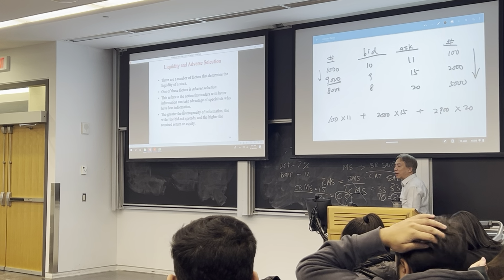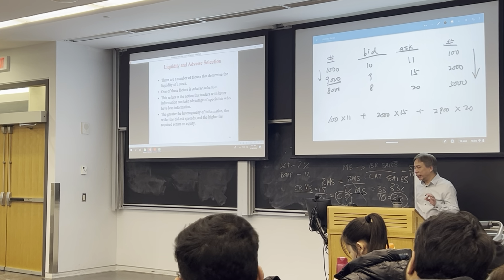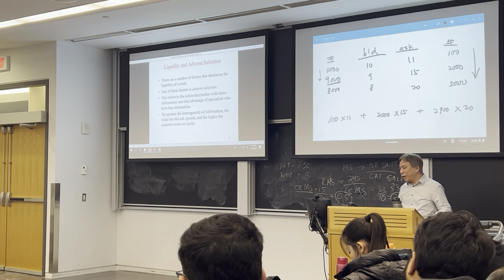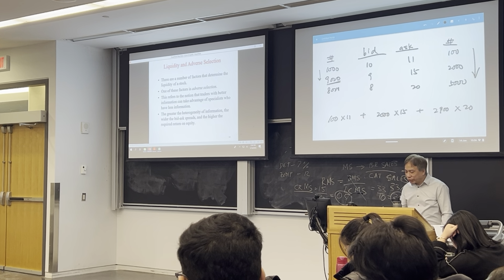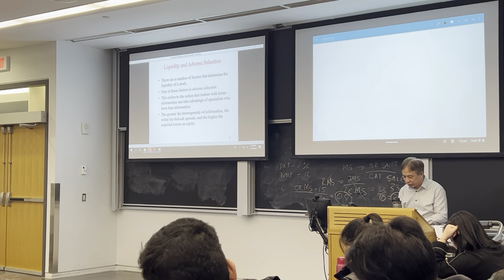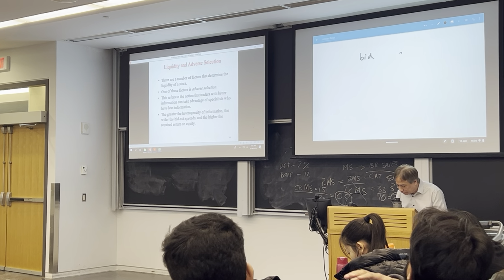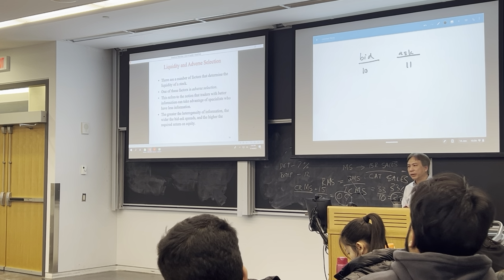Now, there are a few other things that determine the liquidity of a stock. One thing is what they call adverse selection. Adverse selection is based on the argument of information asymmetry. This is a bid-ask spread, let's say between 10 and 11.